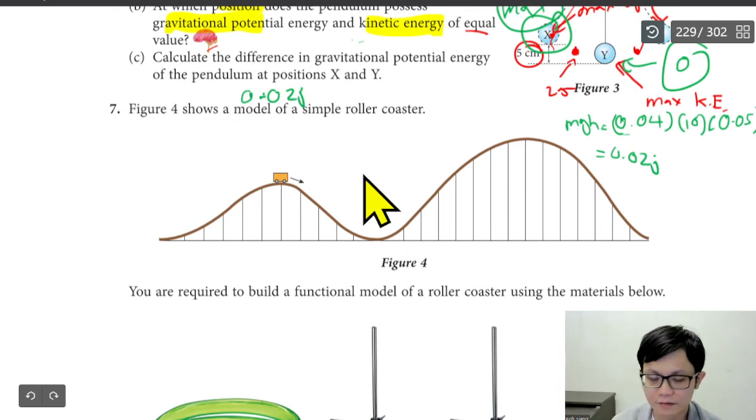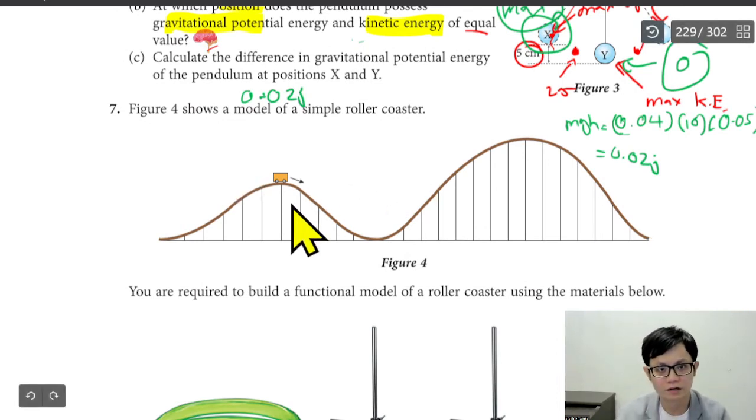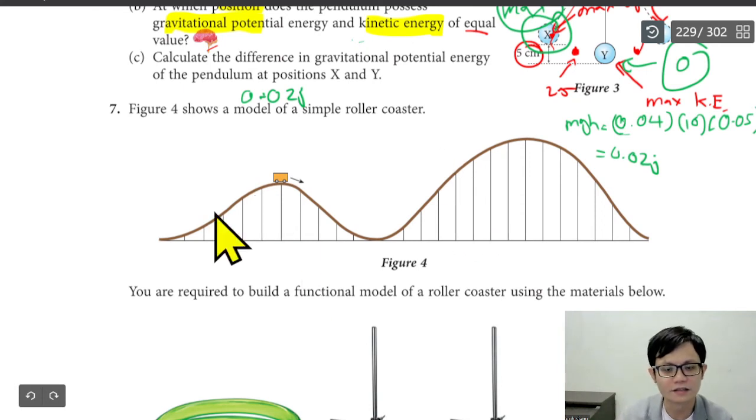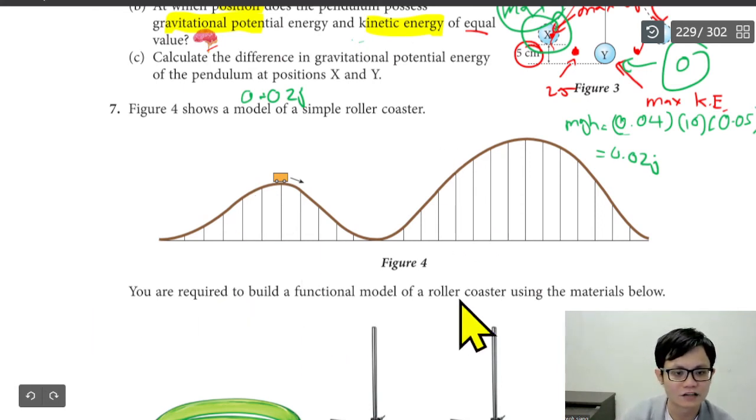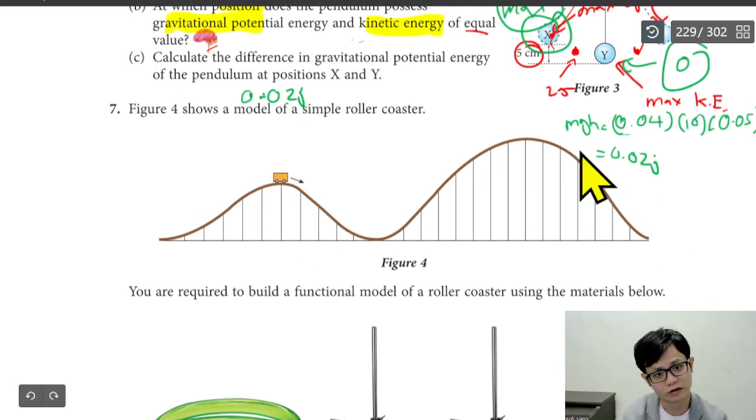Number 7, figure 4 shows a model of a roller coaster. You are required to build a model of the roller coaster. It doesn't work the other way, right? If you put it low, then you don't have enough potential energy to go up, correct or not?